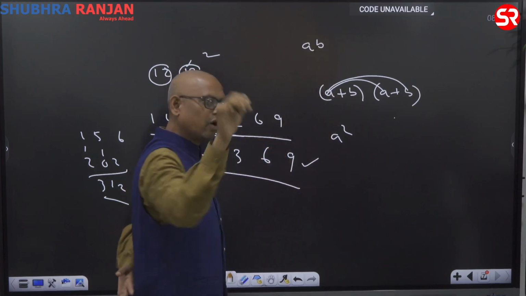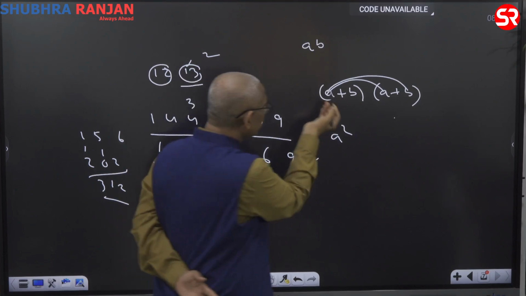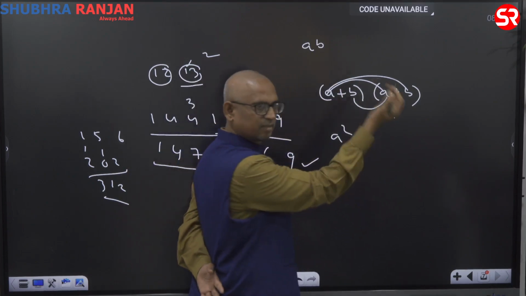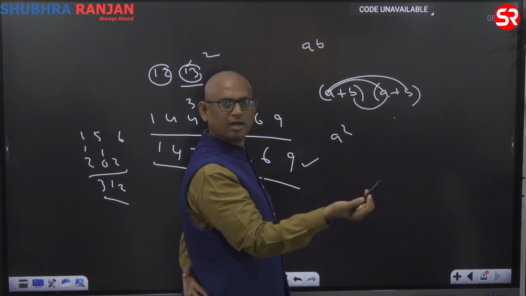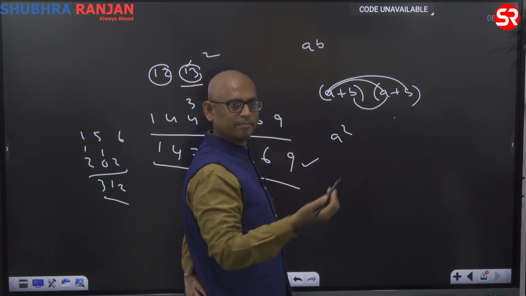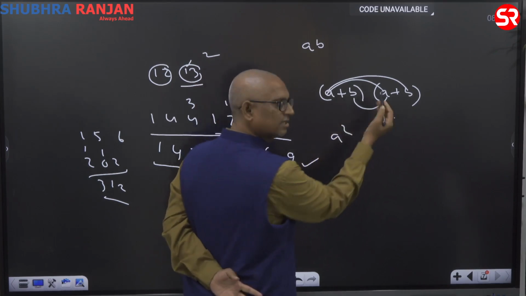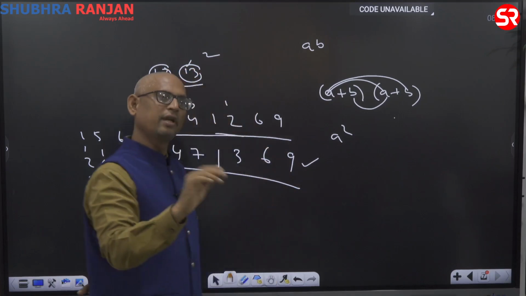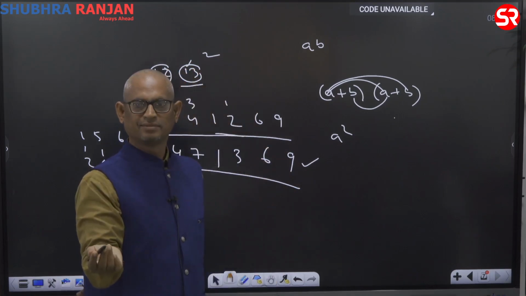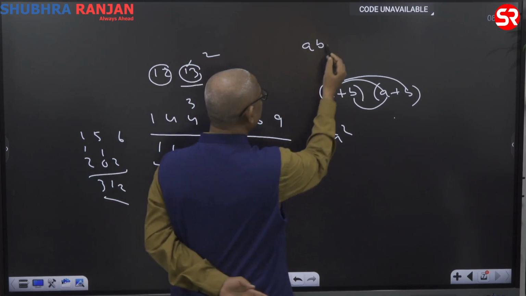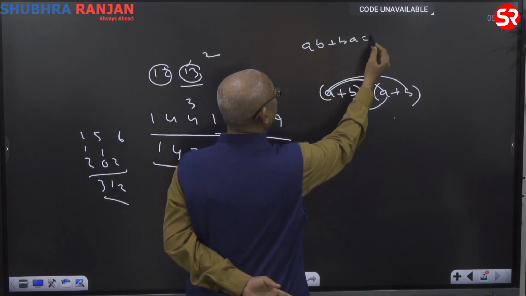Again, why did 2AB come in the formula? Because now you have to start with B. A is completed according to the distribution law. In school level, we studied the distribution law. So again, B into A is also B. According to the commutative property, A into B and B into A are both the same. So here again plus BA, what does it mean? 2AB.